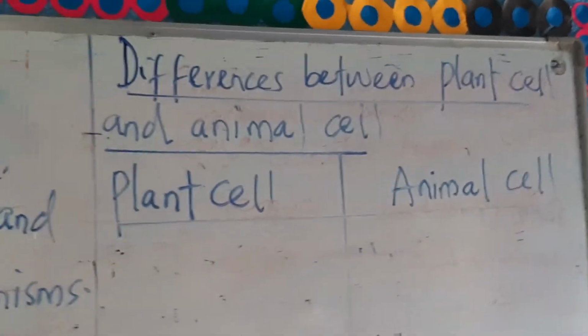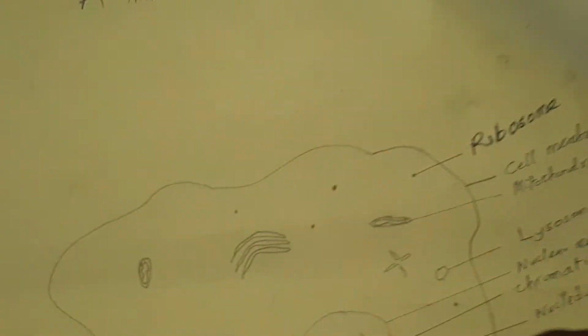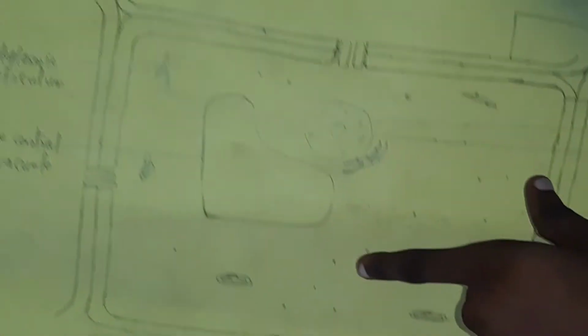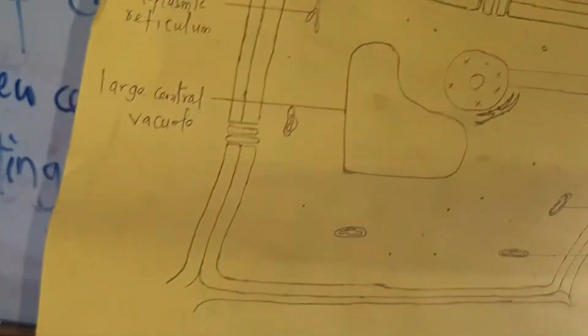Now, from our structure of cell we have here, let's observe. Plant cell, remember I said animal cells don't have definite shape, right? Plant cells have definite shape. So that is one of the differences.